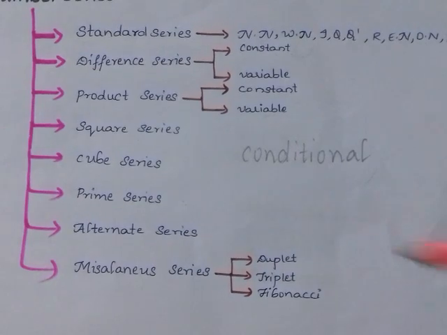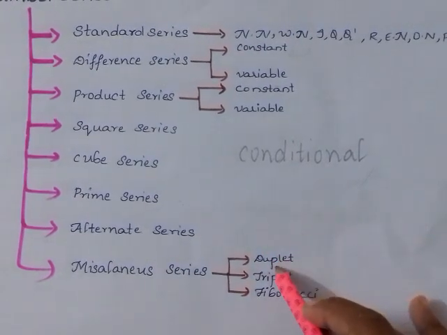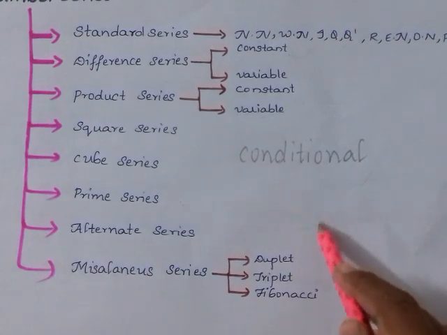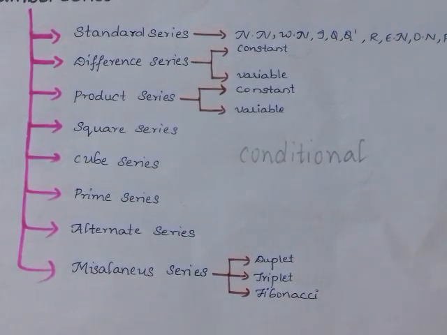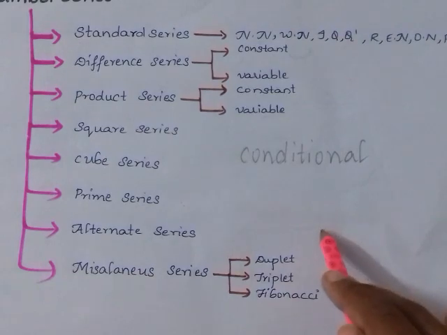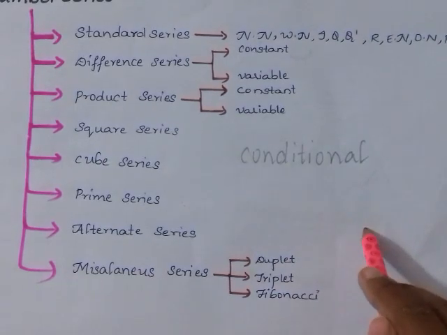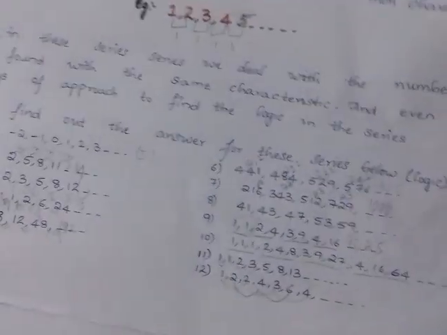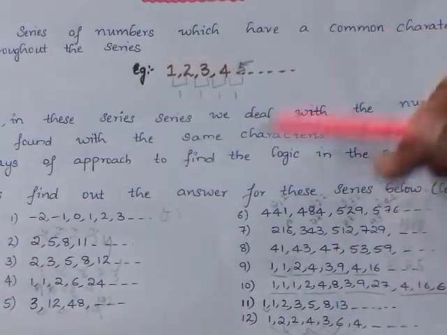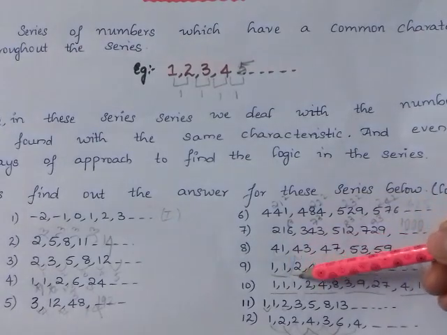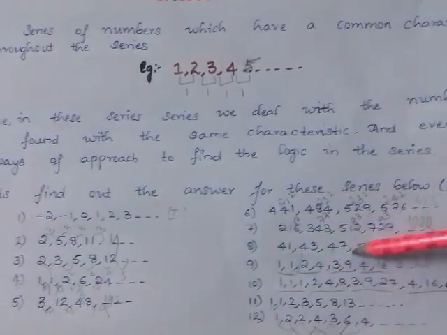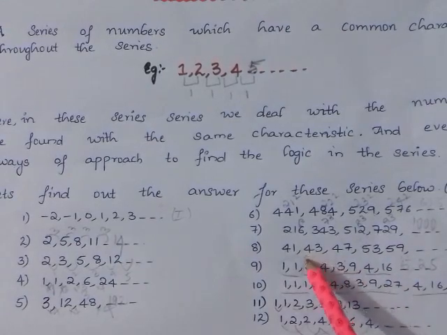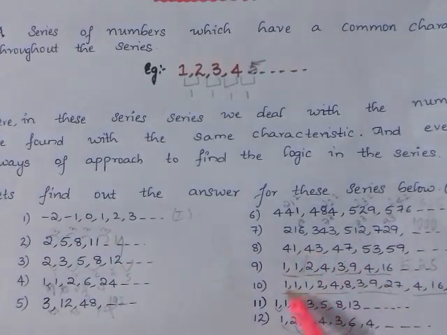Duplet series, the series which have 2 numbers with a common logic and the logic breaks for the third number, and again continues for the third and fourth, again breaks, continues for the fifth and sixth, as before. 1 1 break 2 4 3 9 break 4 16. Here there are breaks between the two numbers.